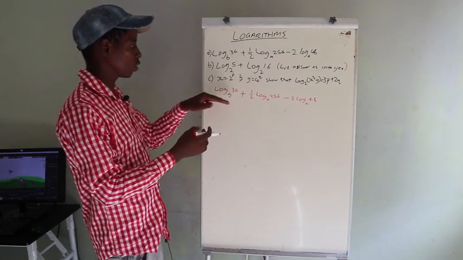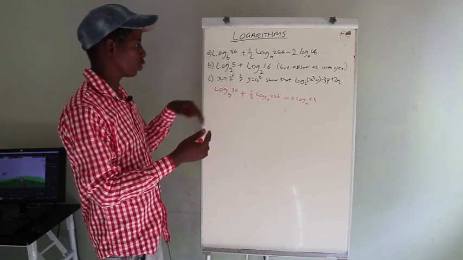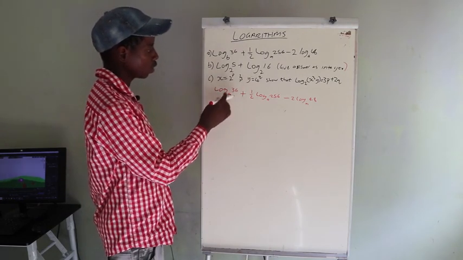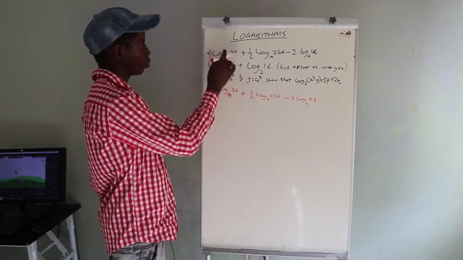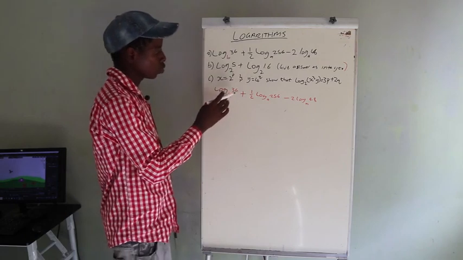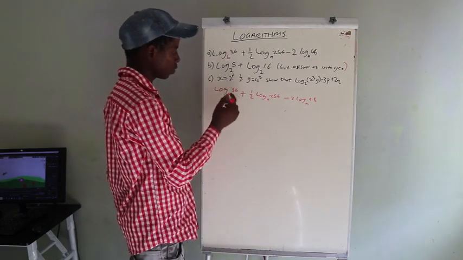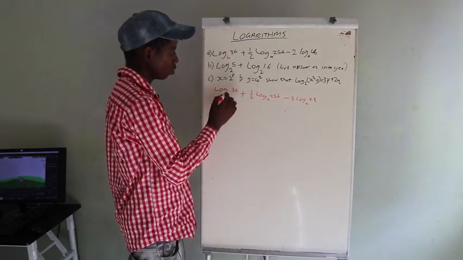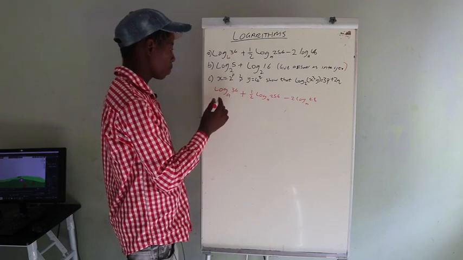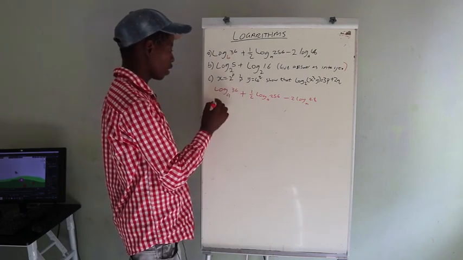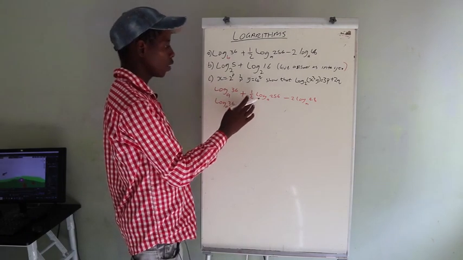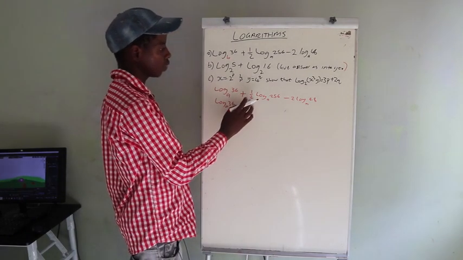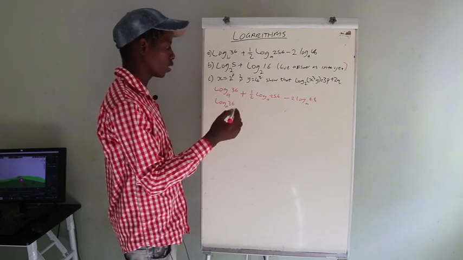So the first part, we can see that we have log_a 36, and this is supposed to be a, right? So log_a 36 is okay. Then we have half log_a 256.